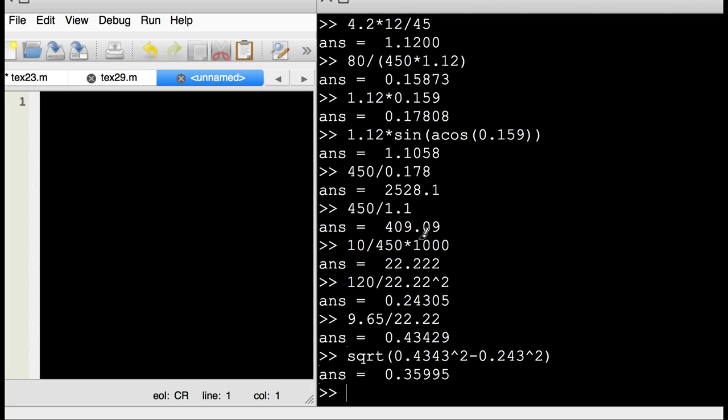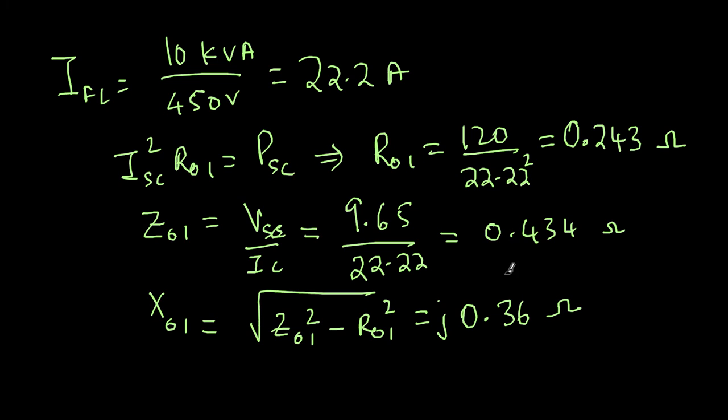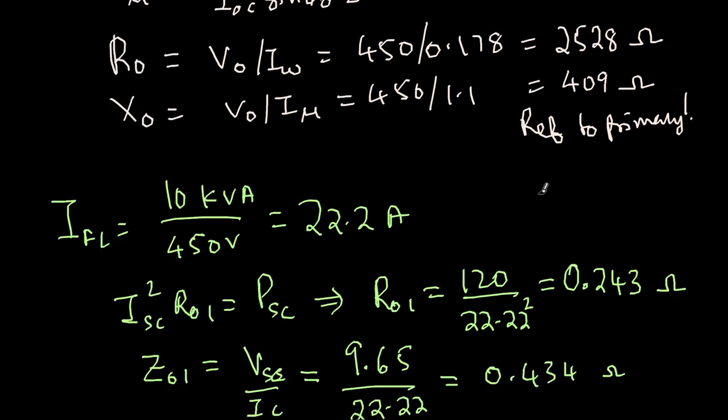So 0.36 is my answer. Here I am getting X01 is 0.36 ohms. I can always put a J to indicate it is reactive. I found these two values, and now I can make an equivalent circuit, since I have R01, X01, R0 and X0, everything.